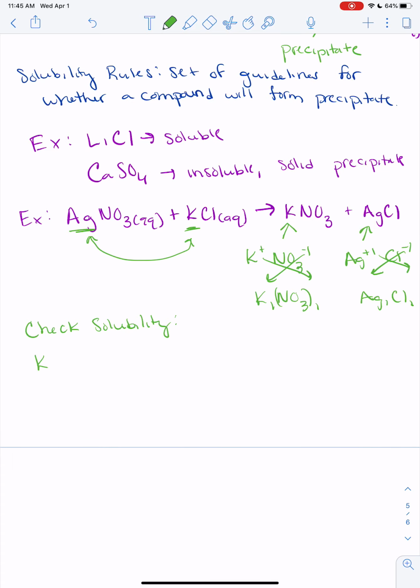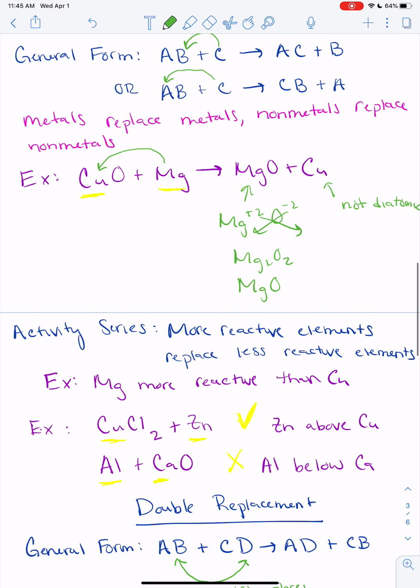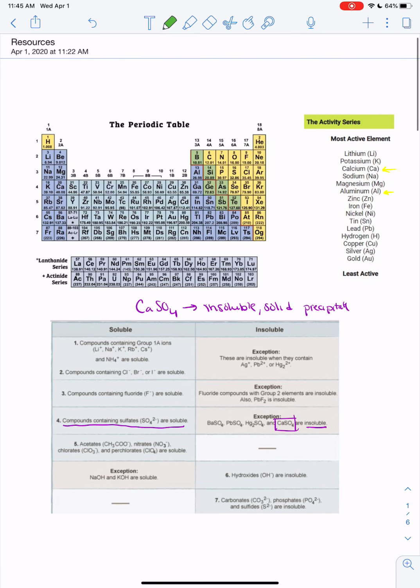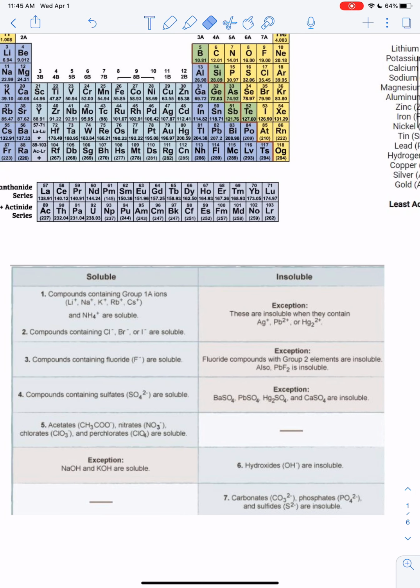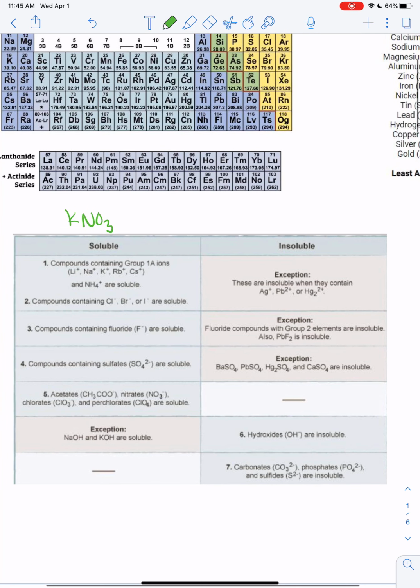So let's look at KNO3. Let's go back up here. We're looking at KNO3, so we want to find anything about nitrates or potassium. I see here compounds containing potassium are soluble. But now let's look at nitrates.